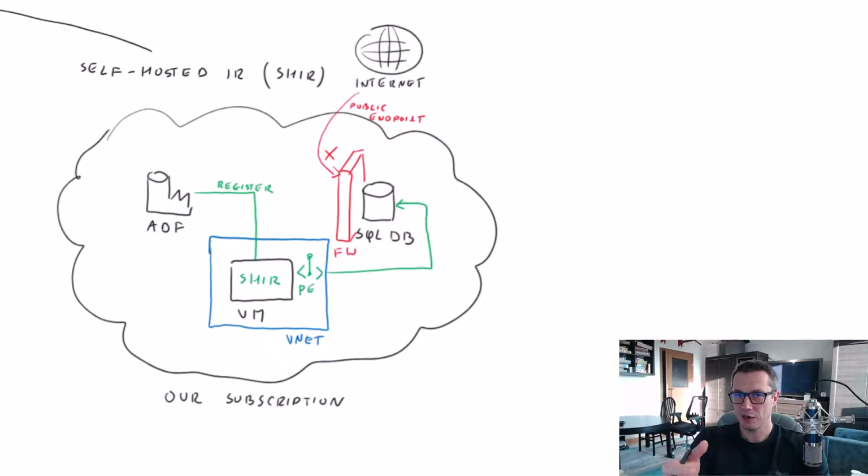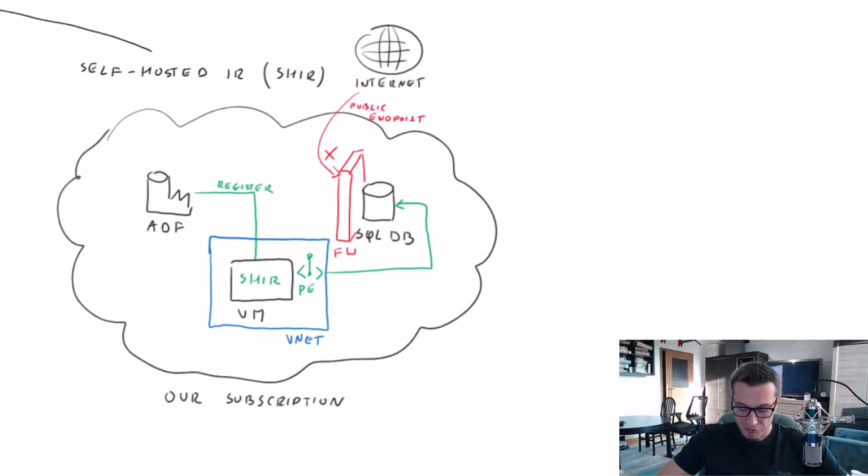This runtime was installed on a virtual machine in our network, so it is our job to manage it, to patch it, to update it, to manage access, to make sure that it is available, to pay for it. And inside the same network that our runtime is in, we created this private endpoint, which points to our instance of SQL Server that hosts our database.